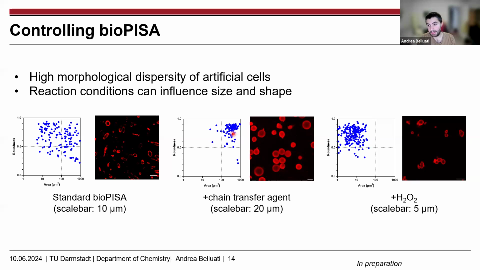On the other hand, if we try to add a bit of hydrogen peroxide in our reaction, and this was quite serendipitous because we were attempting to develop a way to degas our solution, because this polymerization is very oxygen sensitive.